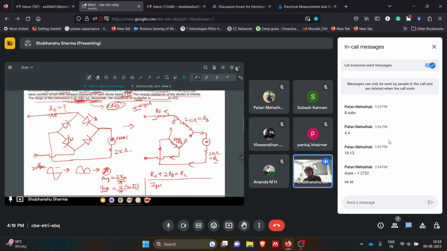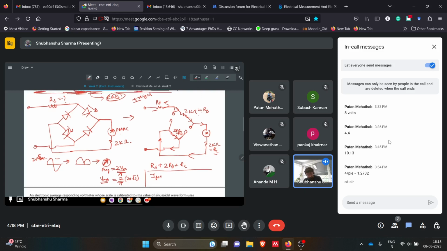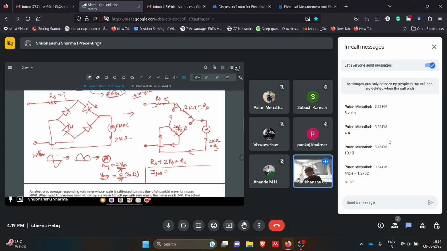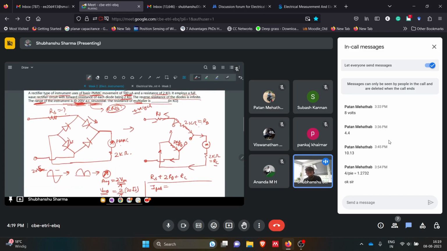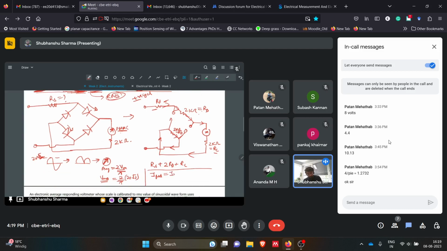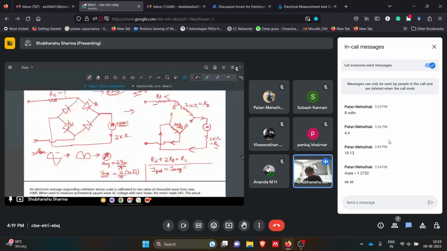When they mention range, they are talking about the full scale deflection. As I told earlier, since we are talking about PMMC, this I full scale deflection is basically I average, which is given here as 100 micro. And what is I average?